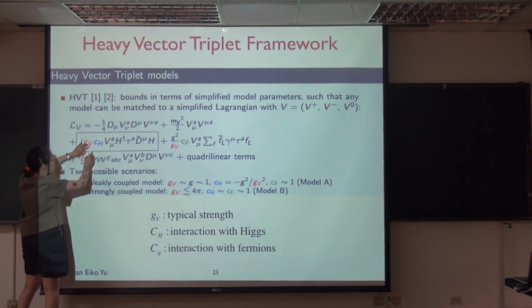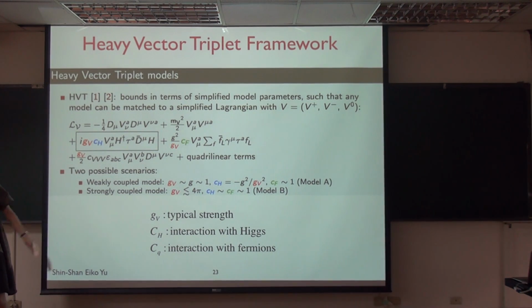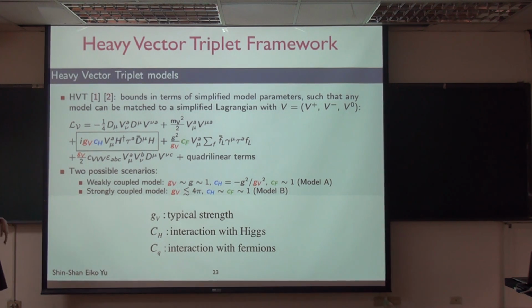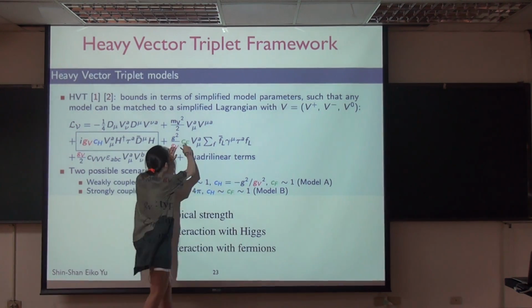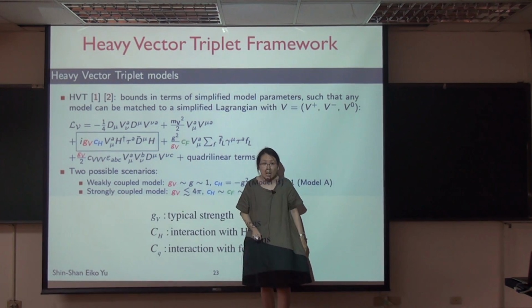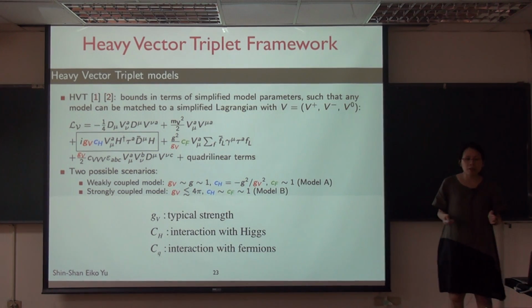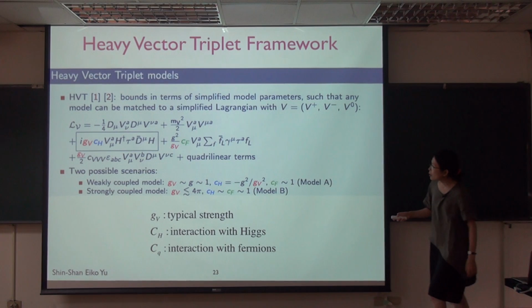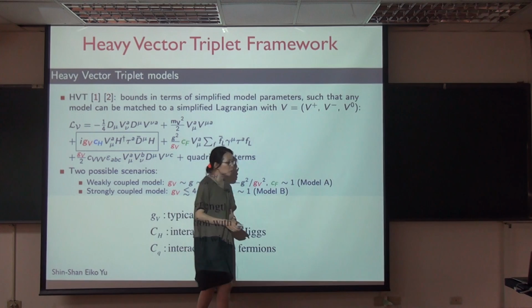This term describes the coupling of this new vector boson with the Higgs boson and the longitudinally polarized vector bosons, so it describes the coupling with the bosons, while this term describes the coupling with the fermions. In our analysis, we focus on the model which has larger coupling to the bosons and suppressed coupling to the fermions. So our setting for these parameters, for example for gV, we set it to 3 as a benchmark.